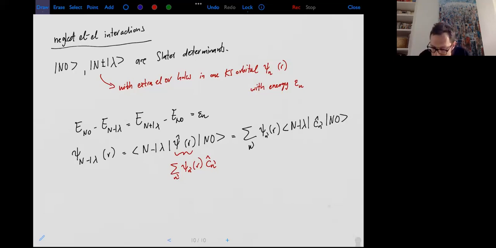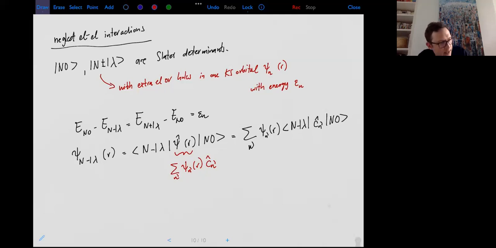And now what we said though is that the n-1 electron state has one electron missing in the Kohn-Sham orbital n. And so only if n prime is equal to n, only if you remove an electron from the ground state in that particular orbital, will you get an overlap with the n-1 state.